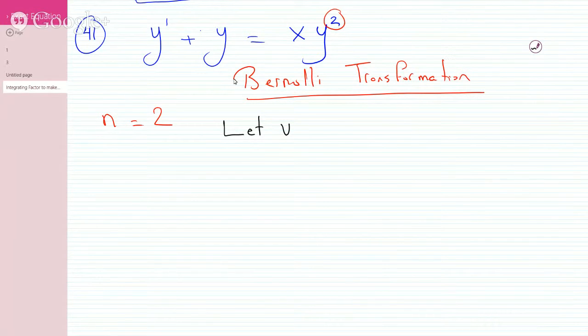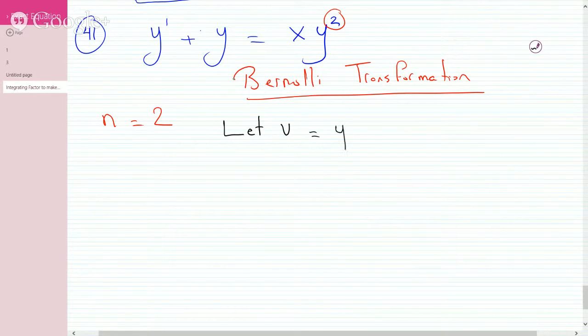So here we need to make that work, we need to use the Bernoulli equation in order to transform it into an equation in terms of v and x. We solve for v like we used to do, then we go back and we find y. Okay, so the transformation demands that v equals y to the 1 minus n.